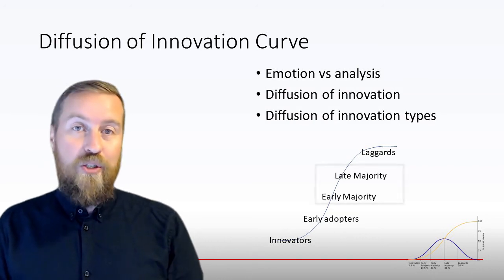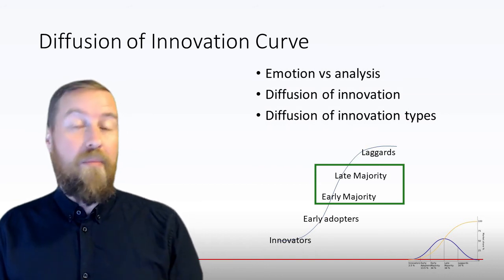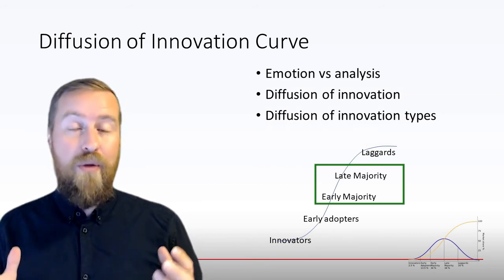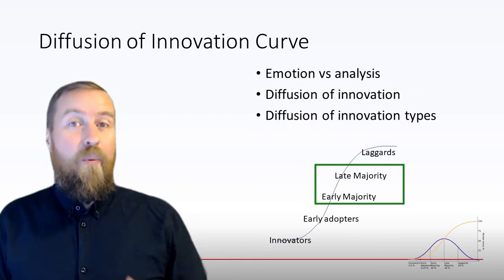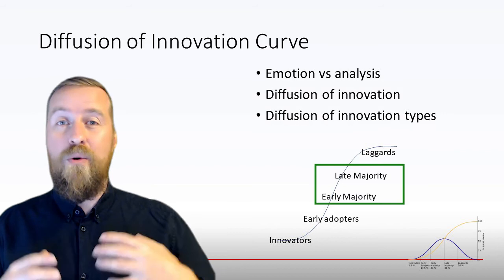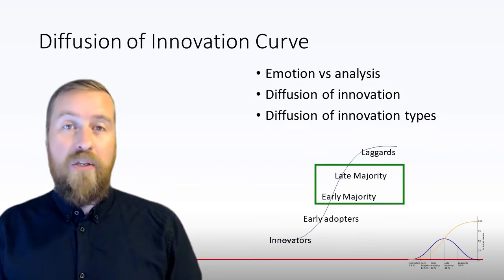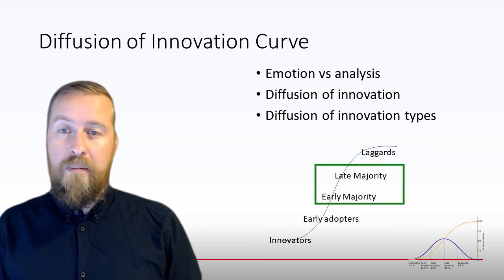Whereas the early majority, and to a large extent the late majority, both of them 34% of the total population, are the ones who really make the difference. They are the ones who popularize the innovation, moving it from buzzword to an actual thing.